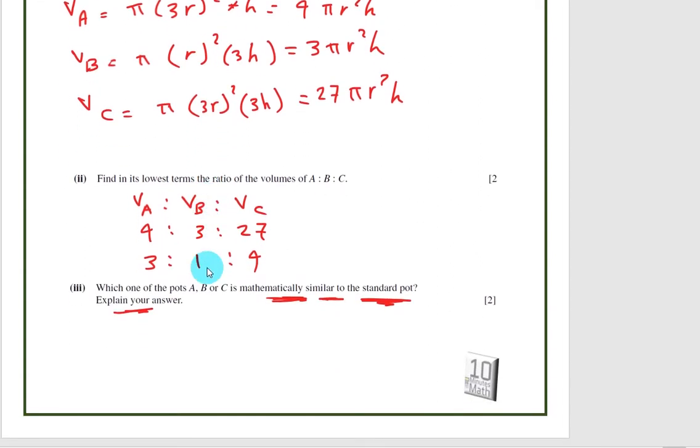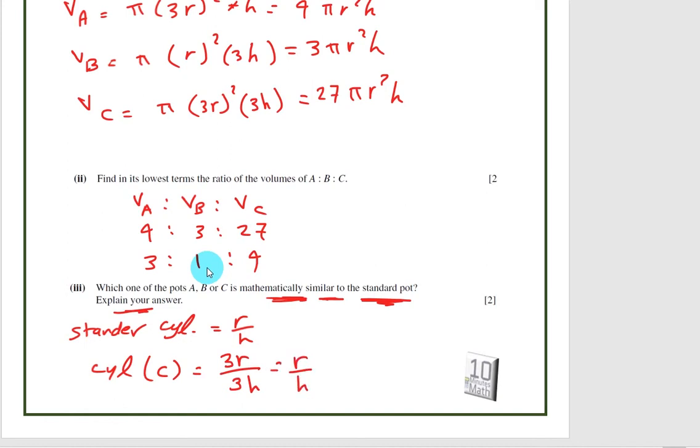So let us write the standard cylinder R over H. Cylinder C is 3R over 3H, which is equal to R to H. The same ratio as the standard cylinder.